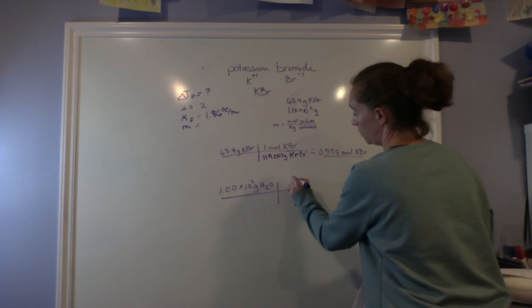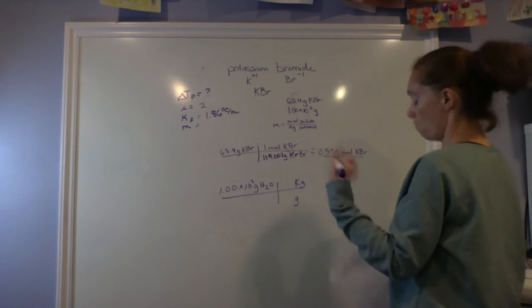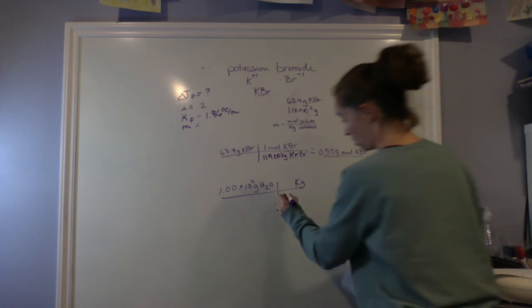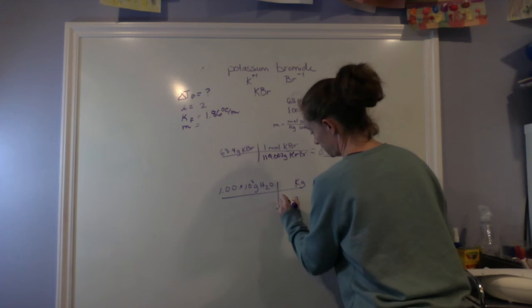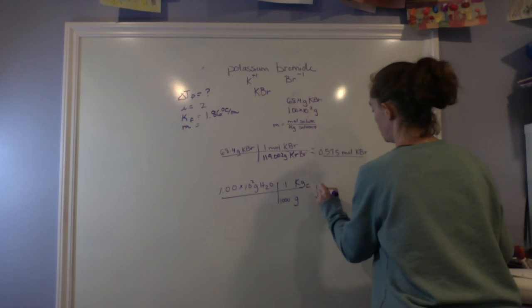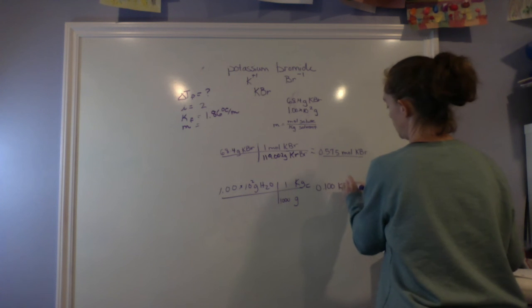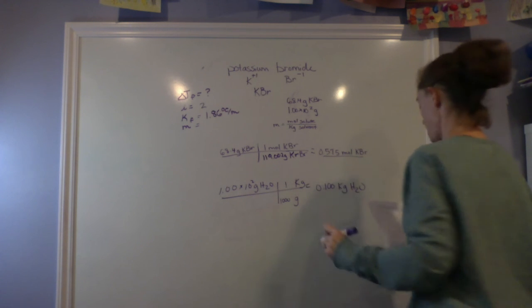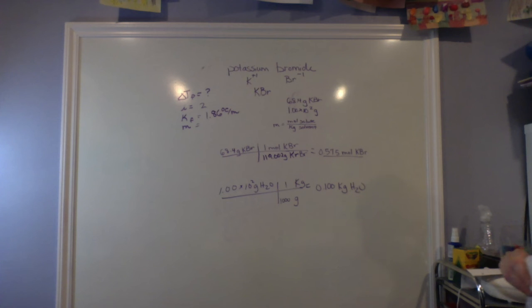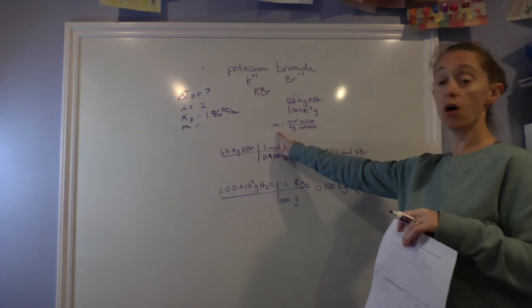Grams we want to get rid of, we want to get to kilograms. We have 1,000 grams is always 1 kilogram. If you do that, it comes out to 0.100 kilograms of H2O.